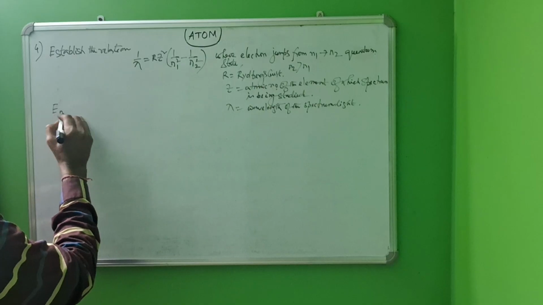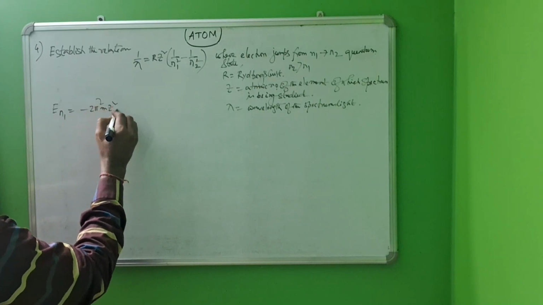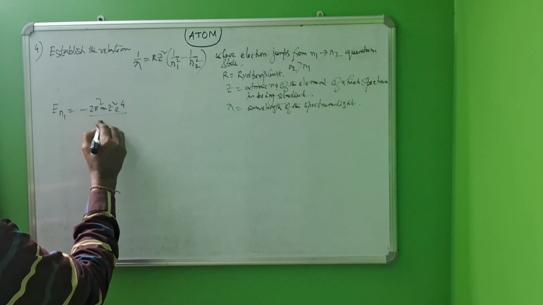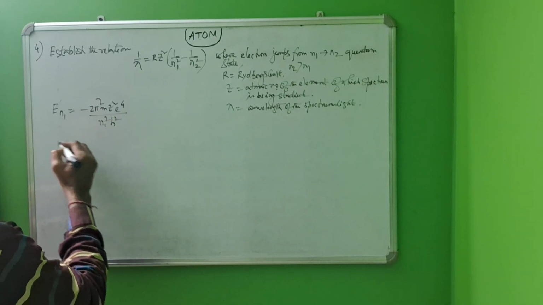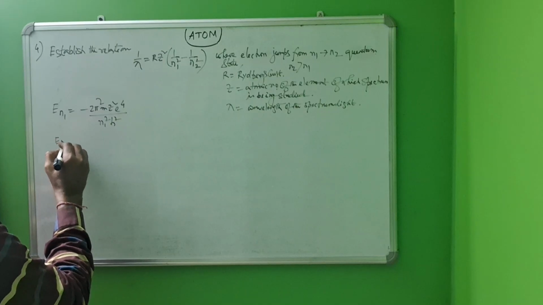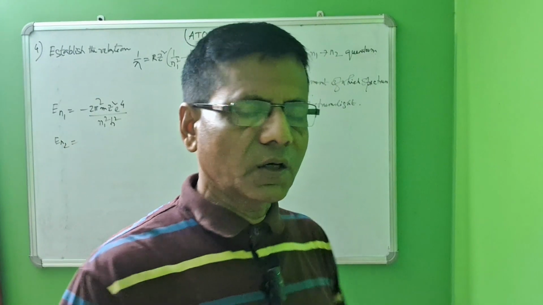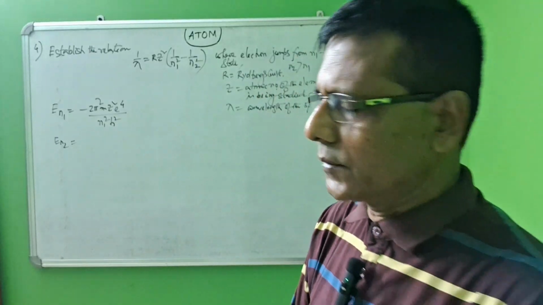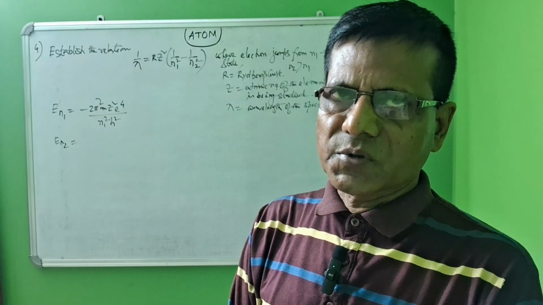En1 equals minus 2 pi square m z square e to the 4 upon n1 square h square, and En2. What is En1? The energy at the n1 orbit, at the n1 principal quantum state.